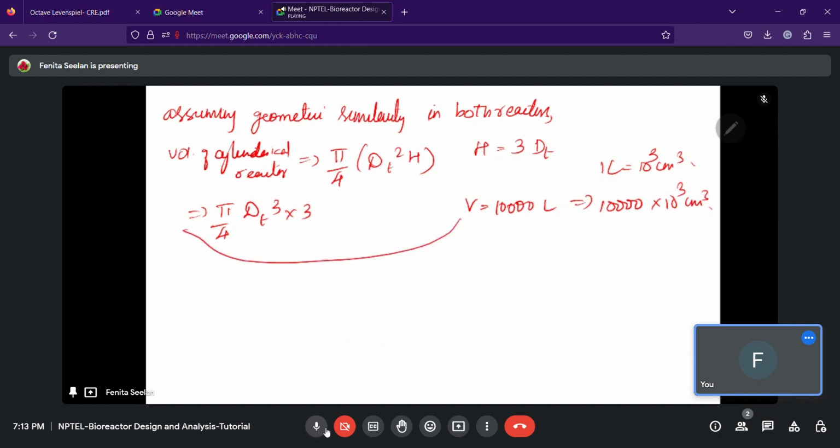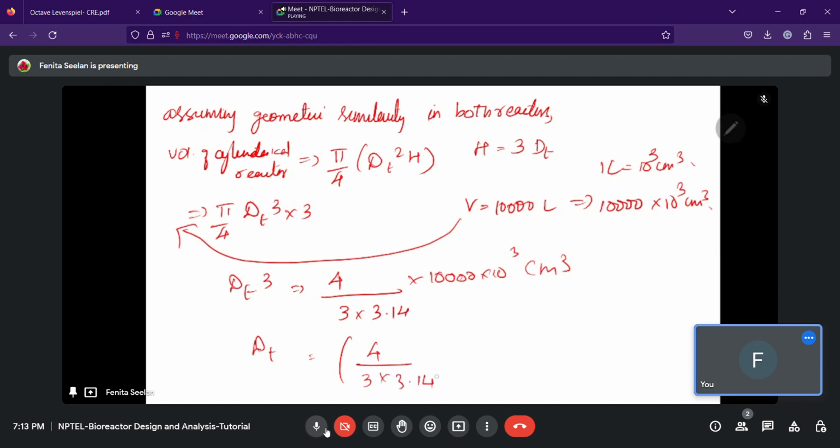So if you rearrange things, dt cube is equal to 4 divided by 3 into 3.14, cancel 4 into 10 to the power 4.